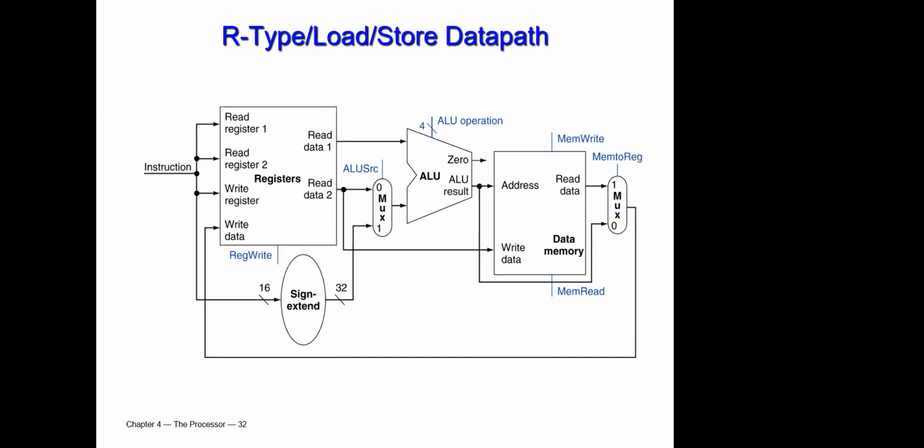How about the load? What will the path be? Load means, first of all, I need to point to a certain address here, correct? In order to point to a certain address, I have to have my source and I have to have my extension, yes, my offset. What will be the offset? And then I either add or subtract according to my ALU operation.